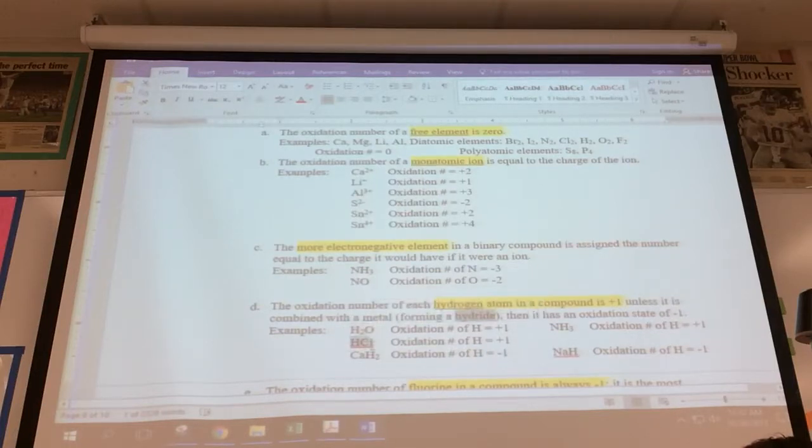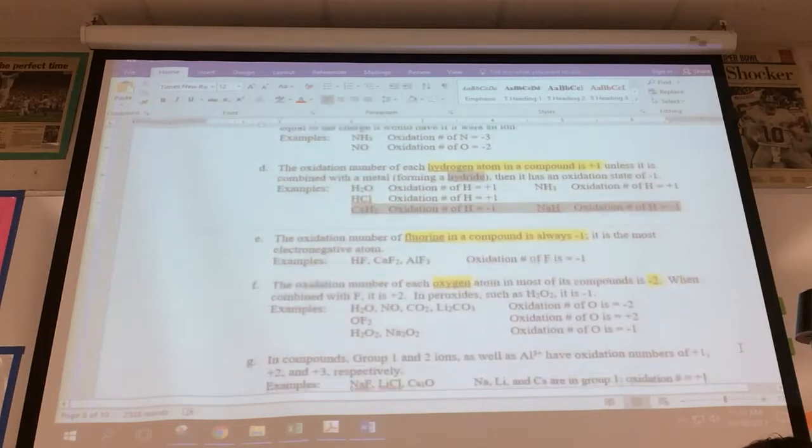In hydrogen chloride, the H is +1. In ammonia, the H is +1. But these are hydrides here where you have a metal followed by H. So for those, the H is -1. And there are a lot of rules here. You'll have the rules right in front of you as you work through initially.